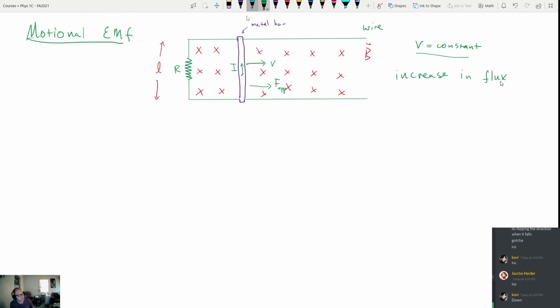Increase in flux. So we have to look at the direction of the external field, which is in, right? When it's an increase, we switch our thumb this way, right? And then we just wrap our fingers around this way. So what direction is the electric current flowing through this piece right here going to be? Up or down?